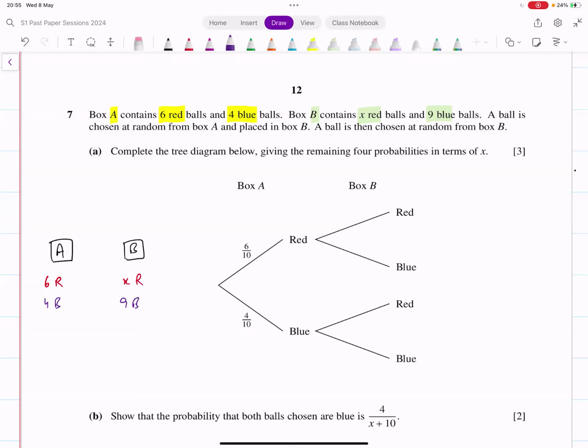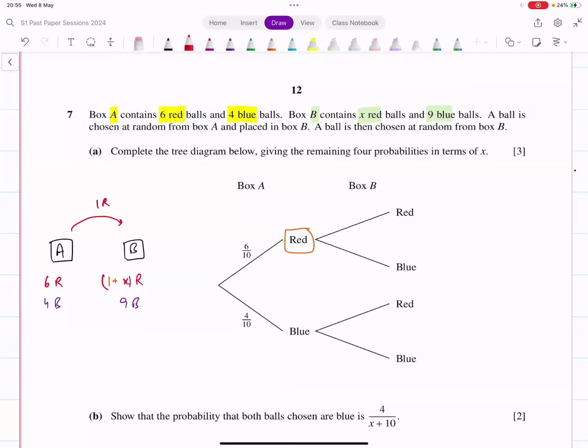Now, if you take out a red ball from the first box and put that in the second box, what's the number of red balls now in the second box? It's X plus 1, right? Because you took out 1 red ball from box A and put that here. So you have X plus 1 red balls in the second box now.